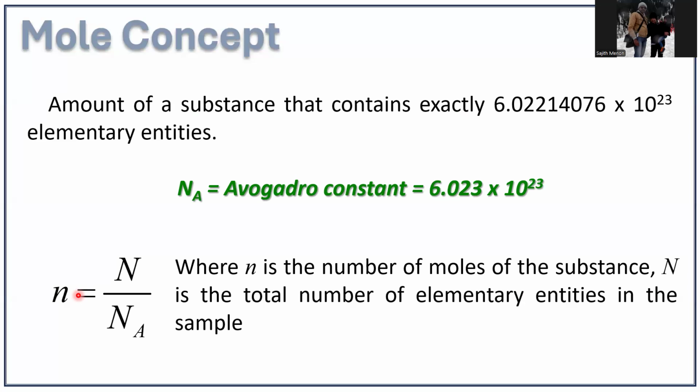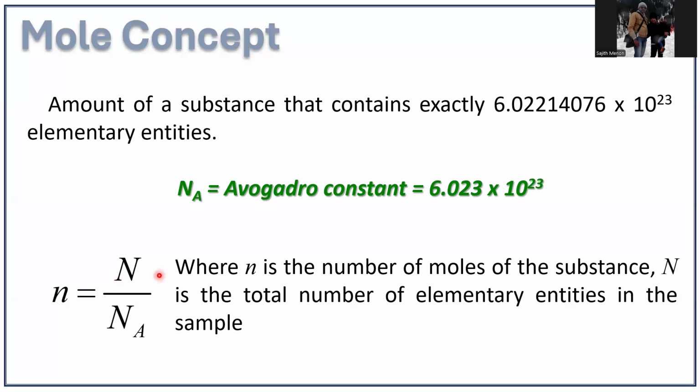This concept simplifies the expression of chemical reactions, enabling calculations based on mass, volume, and concentration. By using the mole, chemists can predict how much of a substance will react or be produced, making it essential in stoichiometry and various other chemical calculations. So this is the basis of the mole concept.